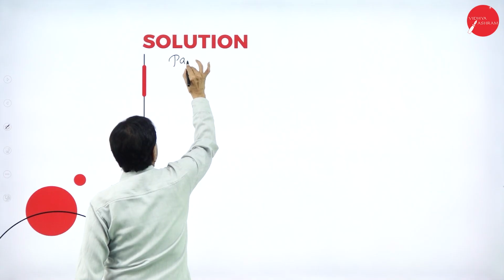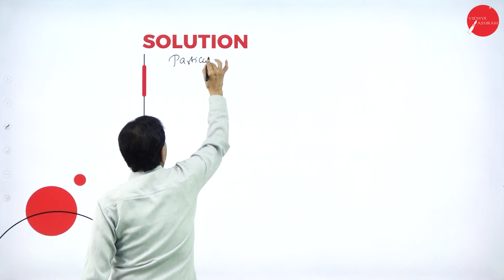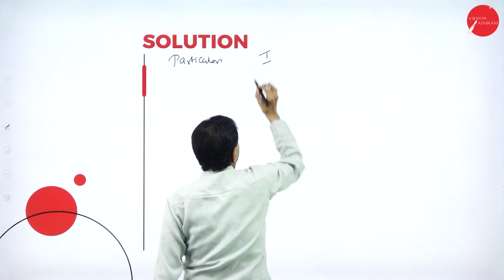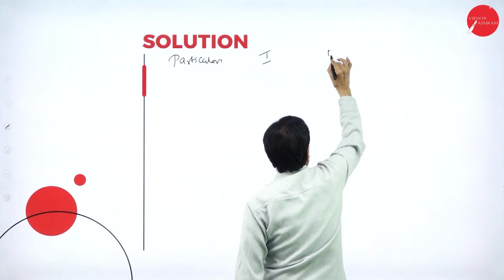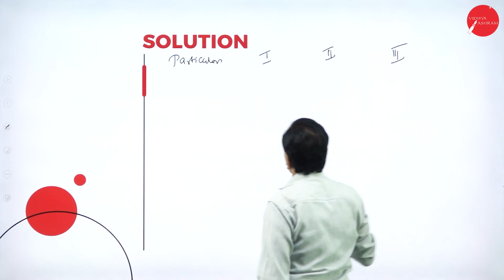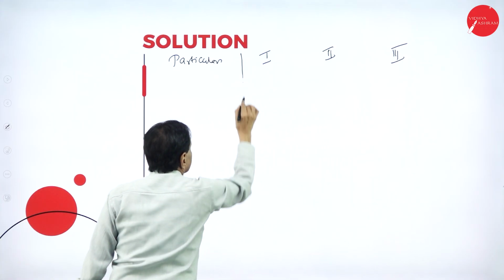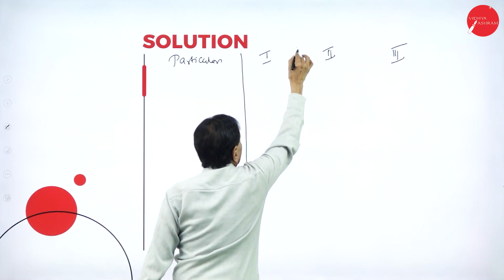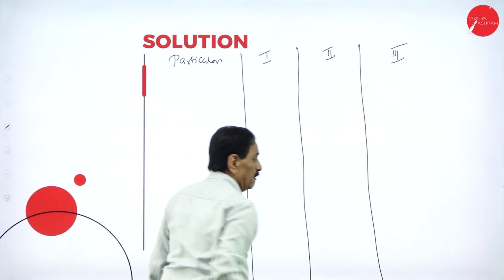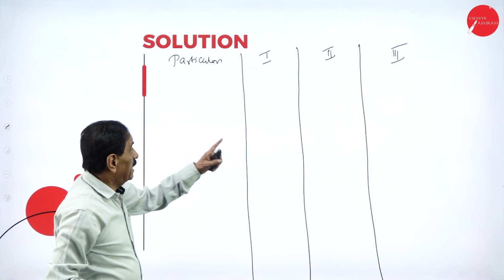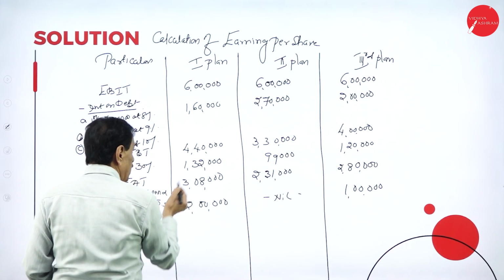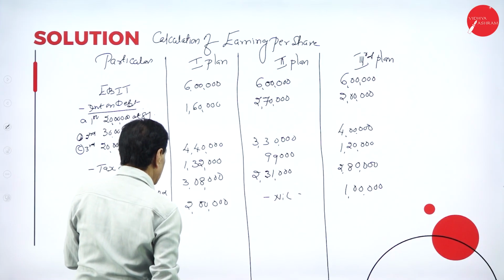Particulars: first plan, second plan, third plan. This is earning after taxation.